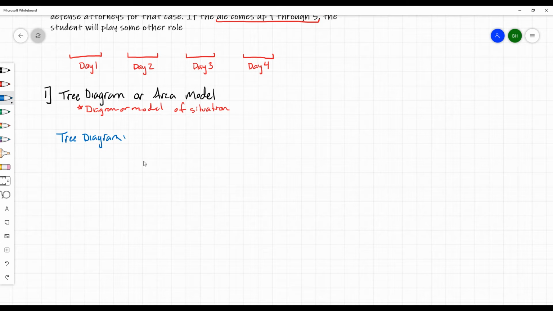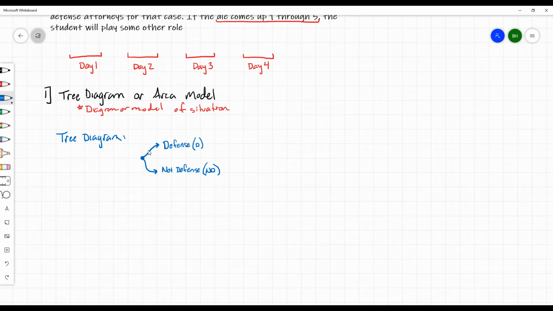I like to start my tree diagrams from a point. Nothing's happened yet, but on the first day, Mari has 2 different possibilities. She's either going to be part of the defense, which I'm going to call just the letter D, or down here, not defense, which I'll call ND.